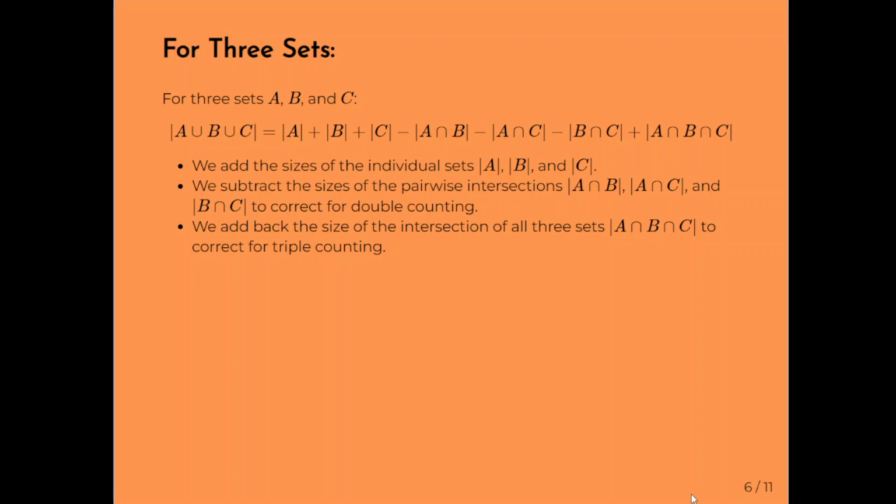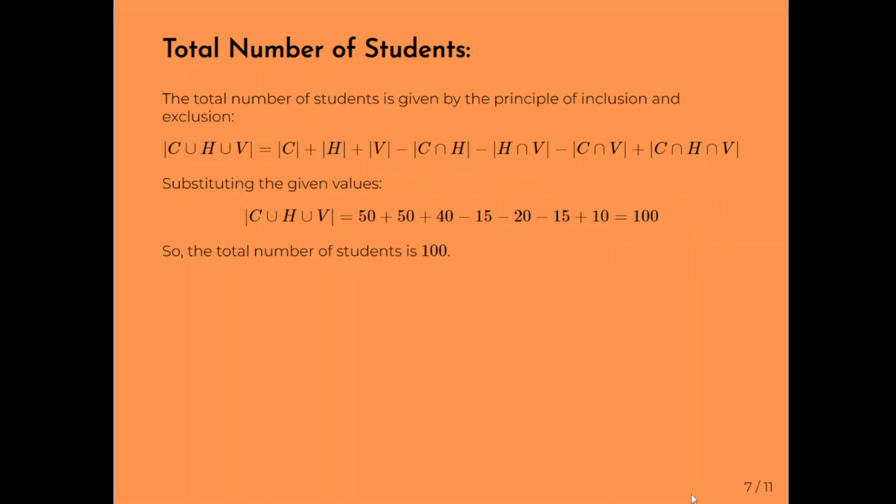So we go plus the cardinality of A intersection B intersection C. Essentially this corrects for the triple counting. Anyway, that's it really. So let's get on to our problem here.